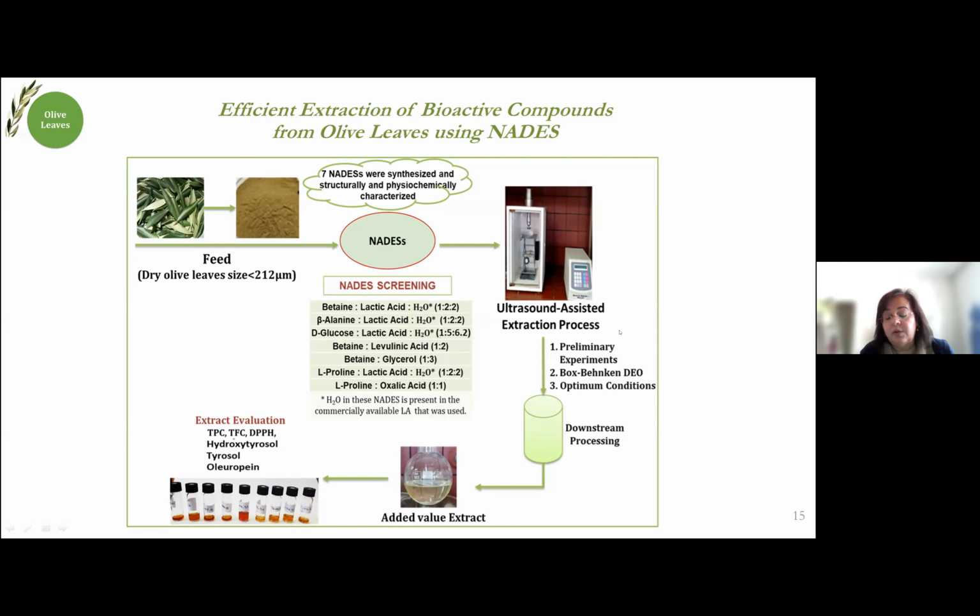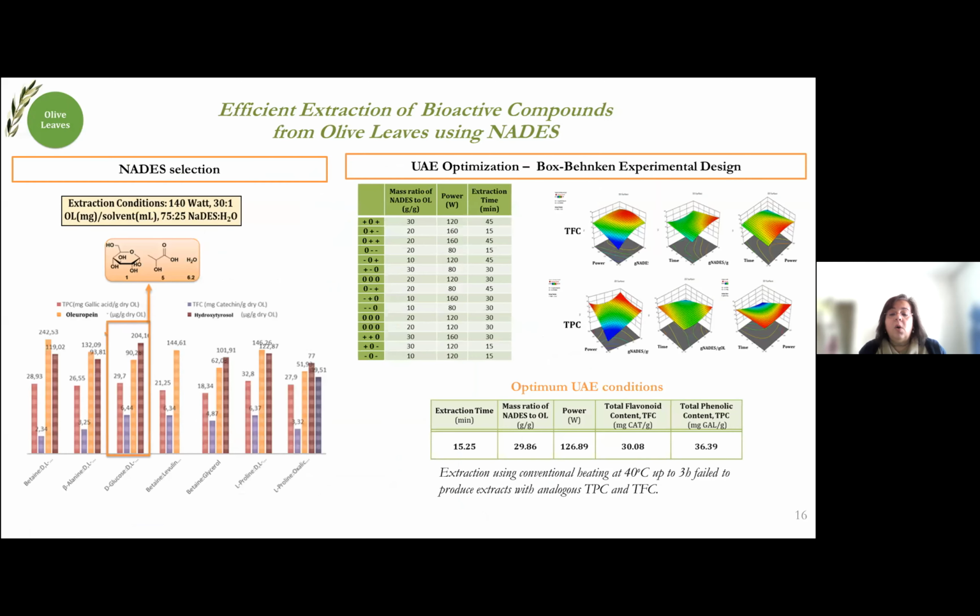And then the added value extract that we obtain is characterized and evaluated for its bioactivity and cytotoxicity. Just to show you that we have been monitoring the quality of the extract using HPLC, seeing how much oleuropein and hydroxytyrosol we have obtained, as well as measuring the total phenolic and total flavonoid content.